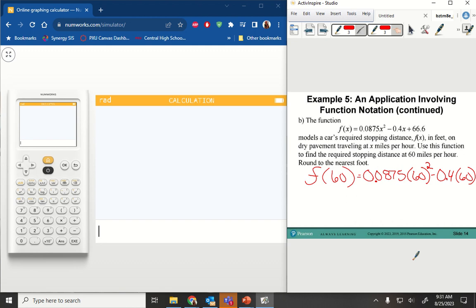If you plug it in here on the calculations, do not put the f of x or the f of 60. Start here after the equal sign.